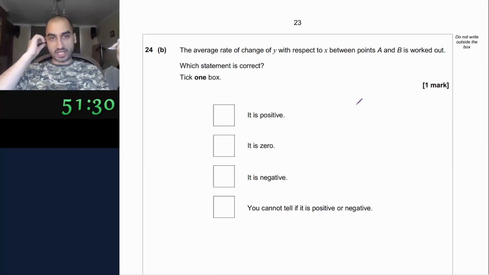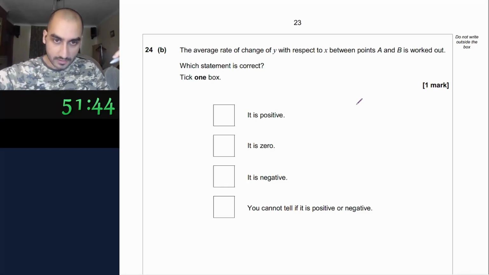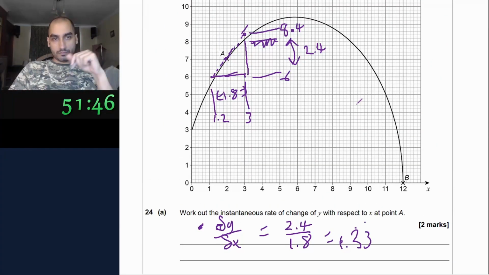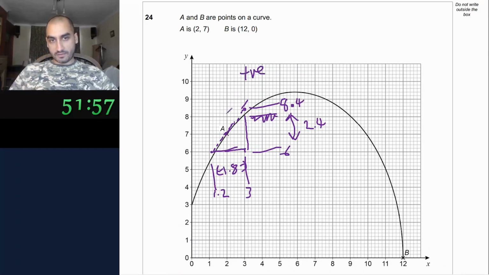Okay, the average rate of change of y with respect to x between points A and B is worked out. Which statement is correct? It's positive, it's 0, it's negative, cannot tell if it's positive or negative. So it's positive here, 0, negative.